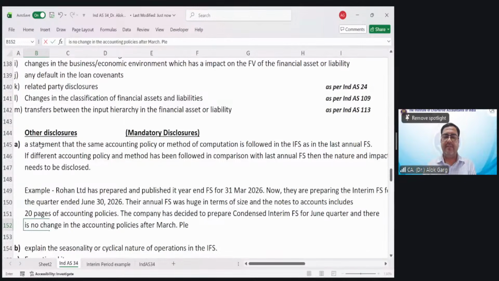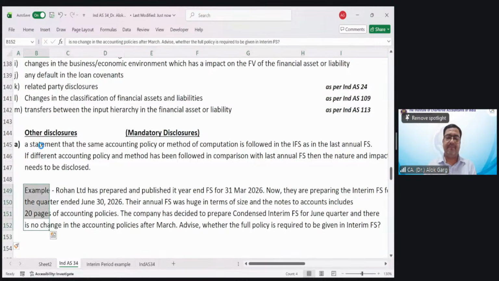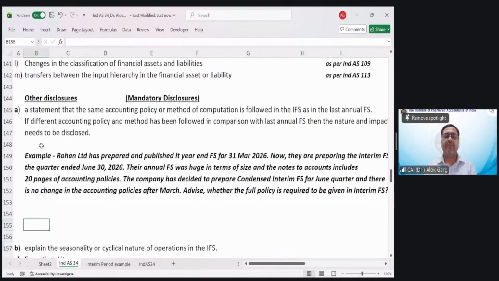Please advise whether the full policy is required to be given in interim FS. Tell me, what do we need to do?